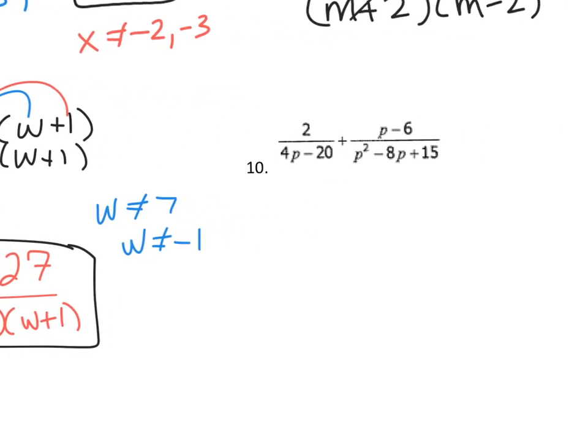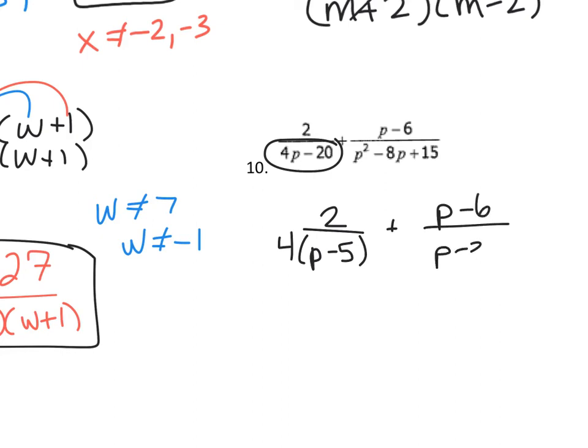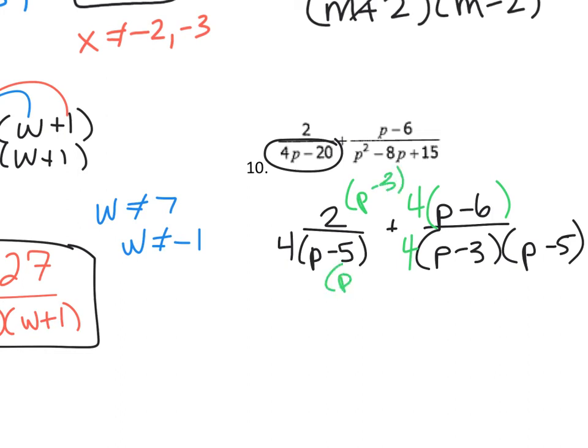Okay, let's look at number 10. You can factor out a 4. So I'll have 2, see, if I factor, it helps me figure out the common denominator, plus p minus 6 times p minus 3, p minus 5. So they both have p minus 5 in common, but this side needs a 4, and this side needs a p minus 3 in your denominator.